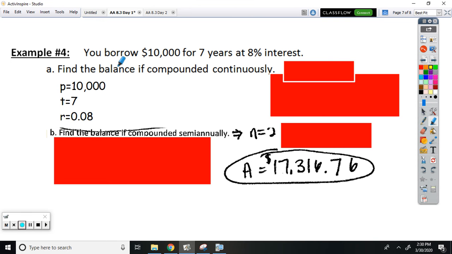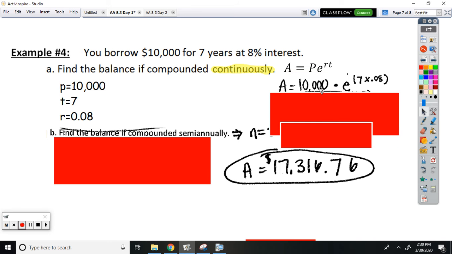This one asks us to find the balance if it's compounded continuously. So again, continuously tells us that we're using the formula that has the E in it: P times e to the RT power. So we will have 10,000 times e to the 0.08 times 7 power.